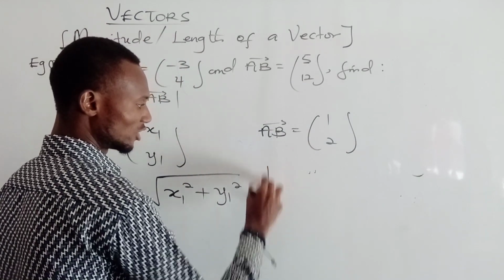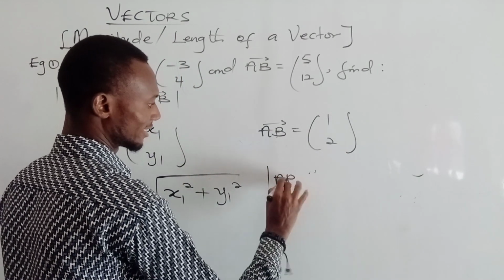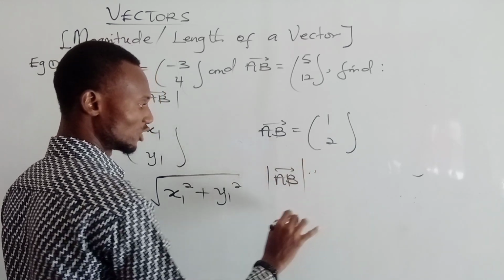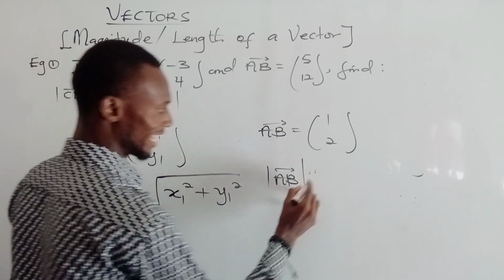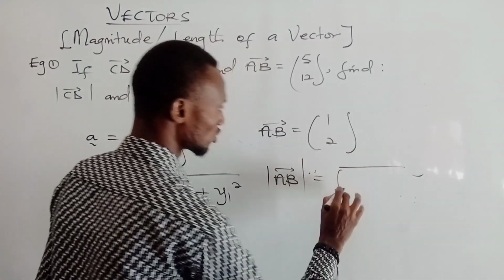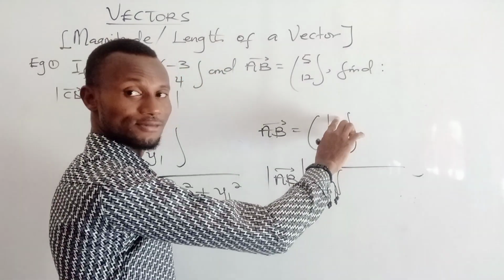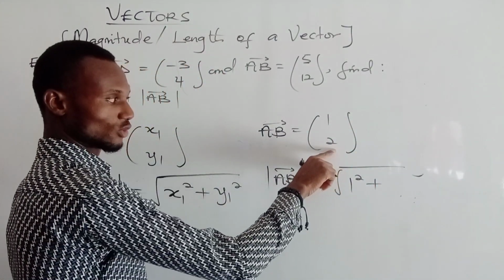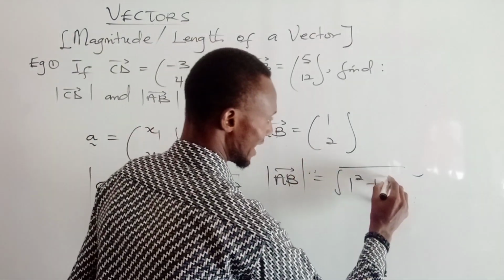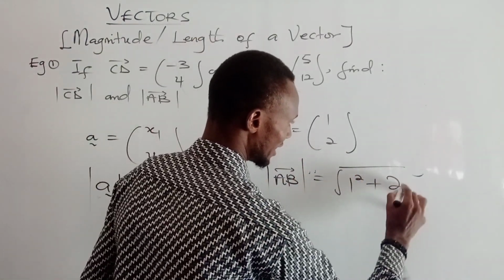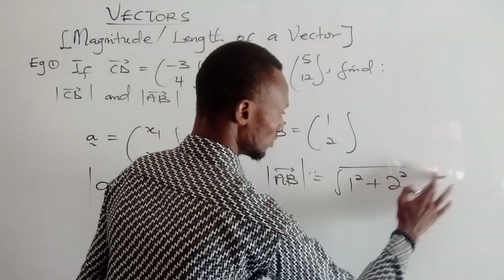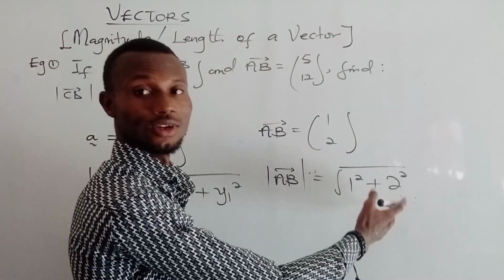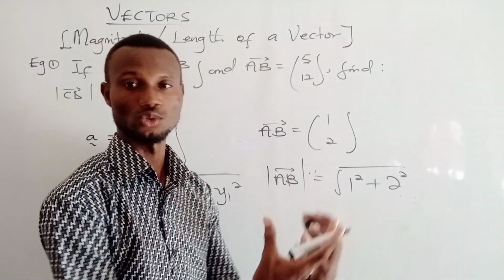To find the magnitude, you bring two lines like this, that shows that you are finding the magnitude. So the magnitude of the vector AB will be equal to the square root of, you take the first value, you square it, so 1 squared, plus the square of the second value. So the square root of 1 squared plus 2 squared. That's how to go about it.